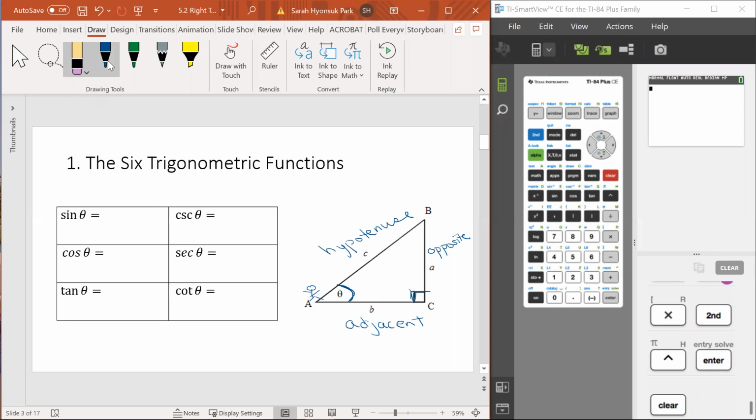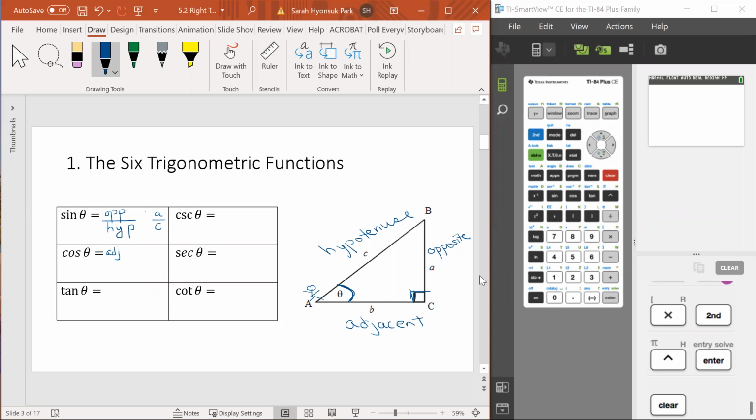Sine theta is actually just a ratio, a fraction that divides two sides. Sine theta is opposite over hypotenuse. It takes the opposite side and divides by the hypotenuse. If our opposite side is A and our hypotenuse is C, we can also express this as A over C. Cosine is the adjacent side divided by the hypotenuse.